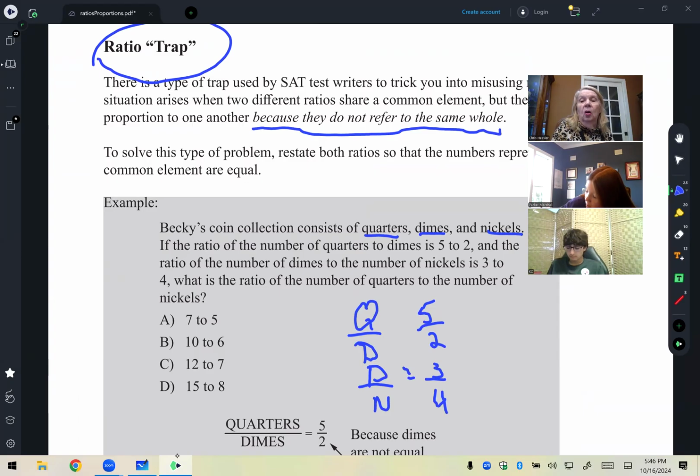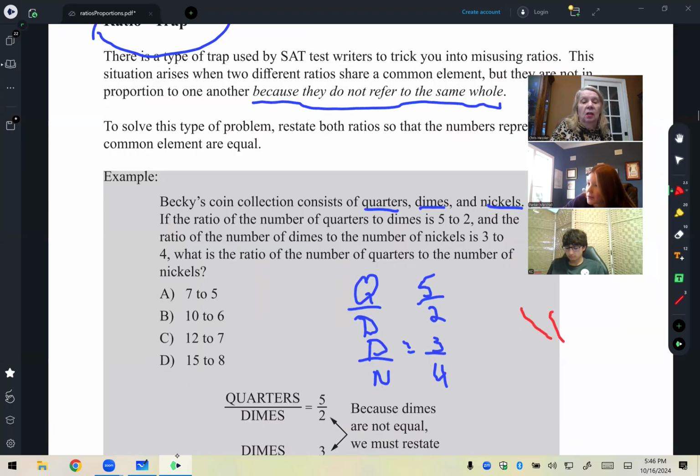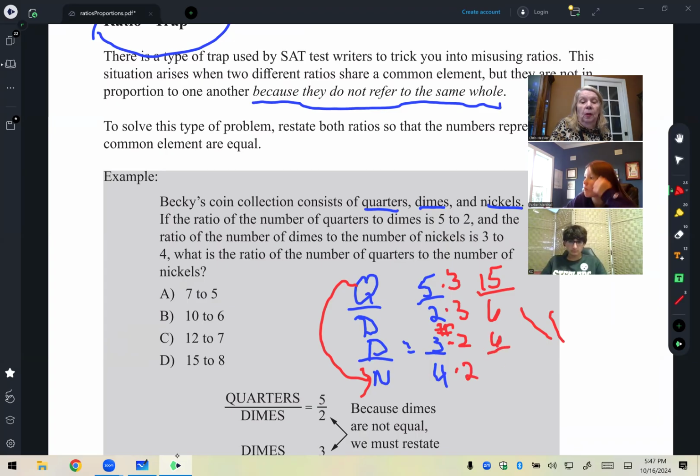Our goal is to get quarters to nickels. But we can't do that because the dimes are not equivalent. Do you see that? So we have to get the least common multiple between 2 and 3, which would be 6. So we're going to have to multiply this one by 3 and this one by 3. This one by 2. And so then we would get 15 to 8.